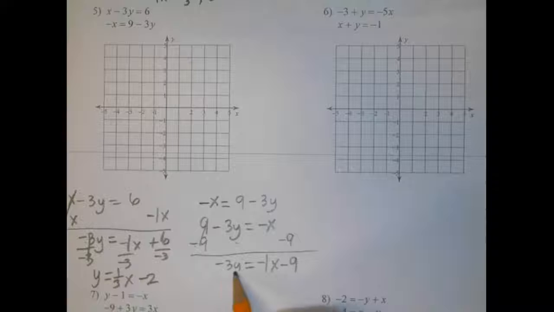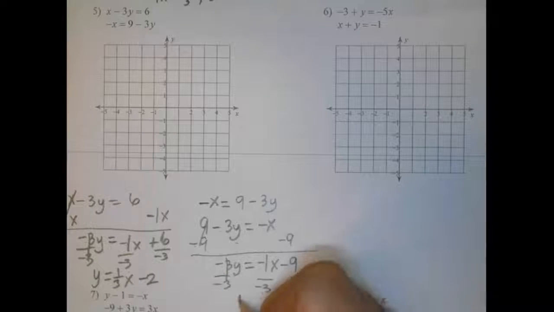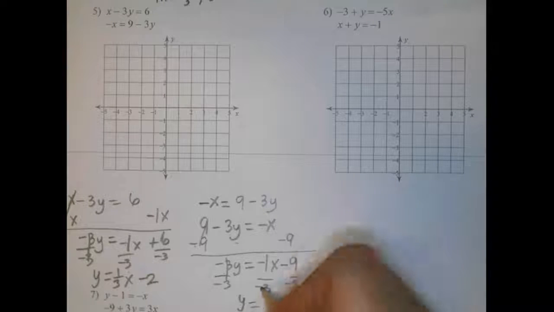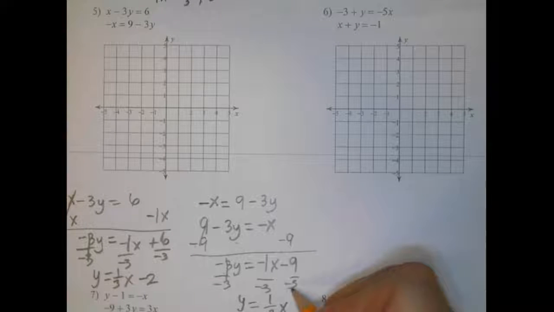And I still want to undo this multiplication, so I'm going to divide again by the same negative 3. This becomes y. So now y is equal to negative divided by a negative gives me a positive 1/3 x. And negative divided by a negative gives me a positive; 9 divided by 3 is 3.